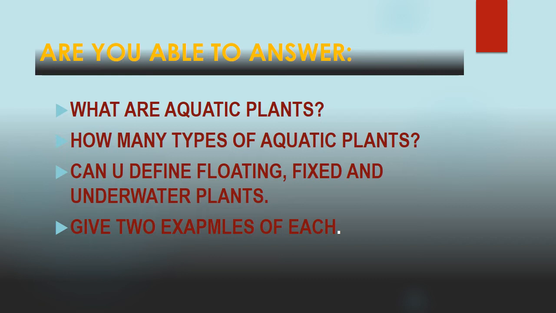Number 2, how many types of aquatic plants are there? Number 3, can you define or can you tell the features of floating, fixed and underwater plants? And number 4, can you give 2 examples of each kind?